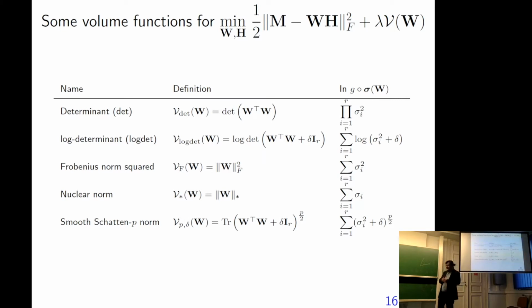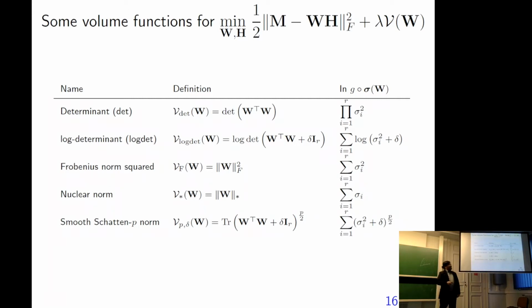If you minimize the determinant of W transpose W, it's equivalent to minimizing the product of the squared singular values. Then this may not be a good thing, because the product of singular values is dominated by the largest singular value. So it's quite sensitive to the largest singular value, but you are ignoring the small ones. So maybe you can consider other functions. For example, you put a log. So that's why you have the log determinant term.